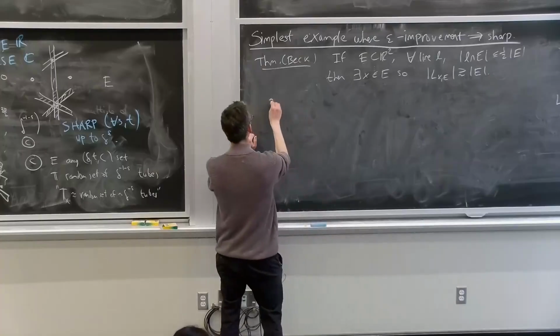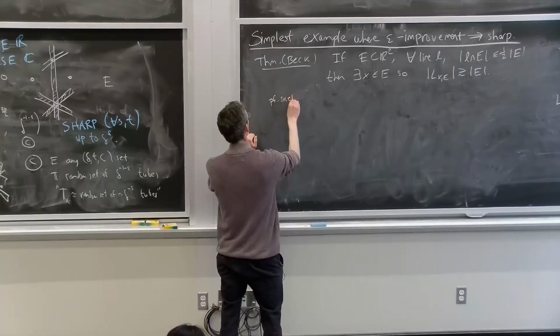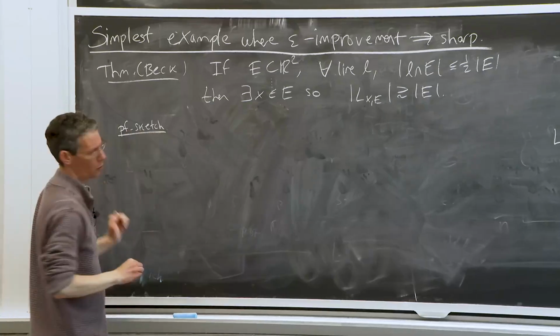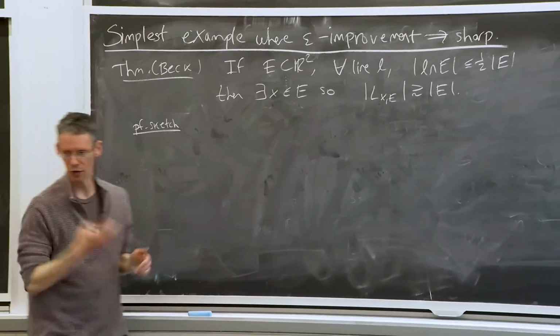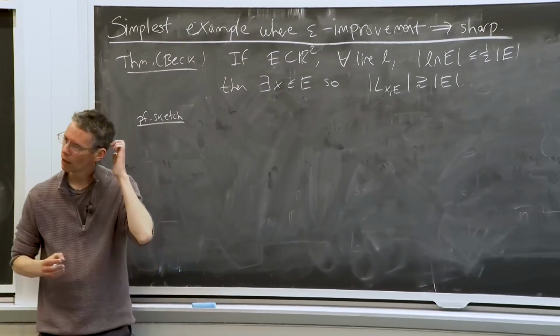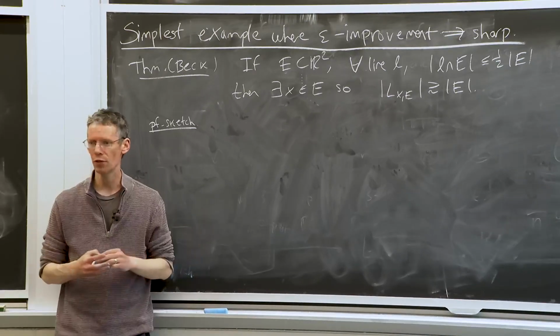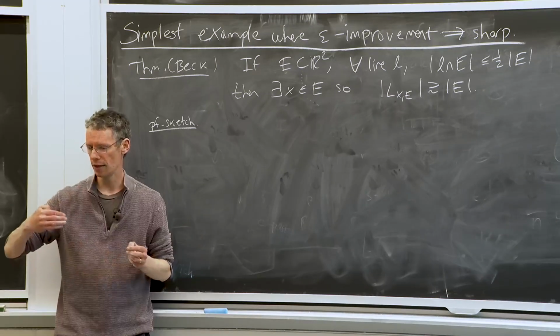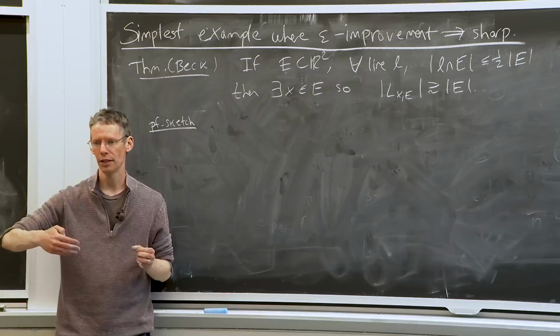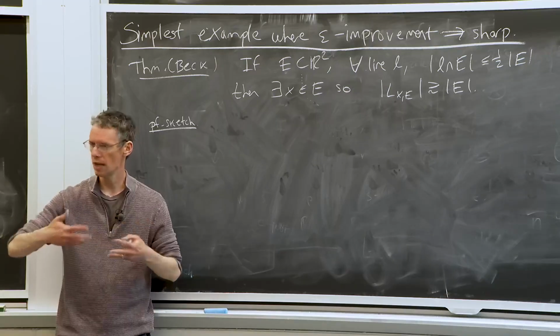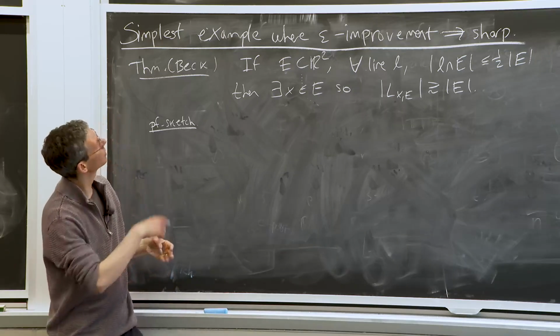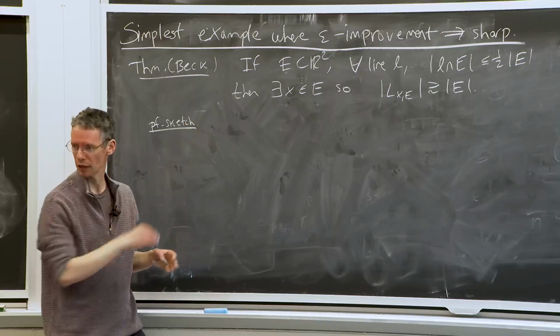Let me do a proof sketch. And we'll see that this follows from Szemerédi-Trotter. But we'll also see that we don't really need the sharp exponents in Szemerédi-Trotter. We just need to have something that's an epsilon better than a simple bound. That's, well, I've erased it, but the double counting kind of bound.